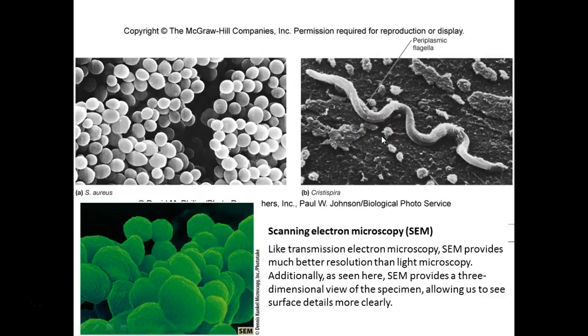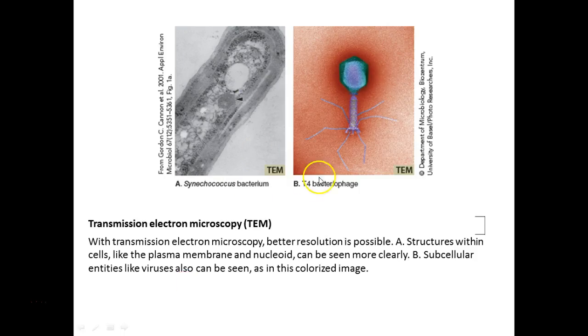But a lot of times what they do for visual effect is they color it. So it's like taking an old-time black and white photo and literally coloring it. They do that a lot with electron micrographs, images from electron microscopes. So the same was done here. Notice this one's grayscale, but this one they colored.